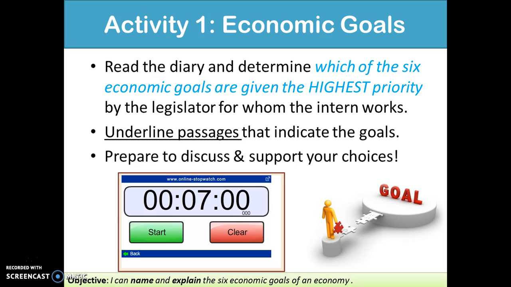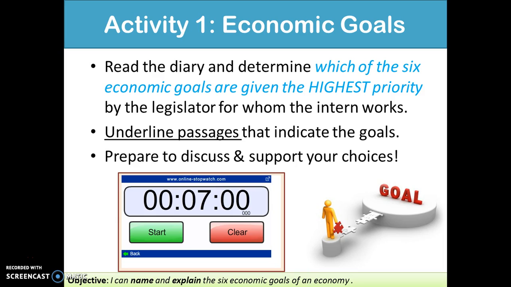If you read both of the diaries, you'll see that one diary emphasizes security and stability and equity, while the other intern is working for a congressperson who supports growth, efficiency, and economic freedom. And so you can see how different people have different priorities.